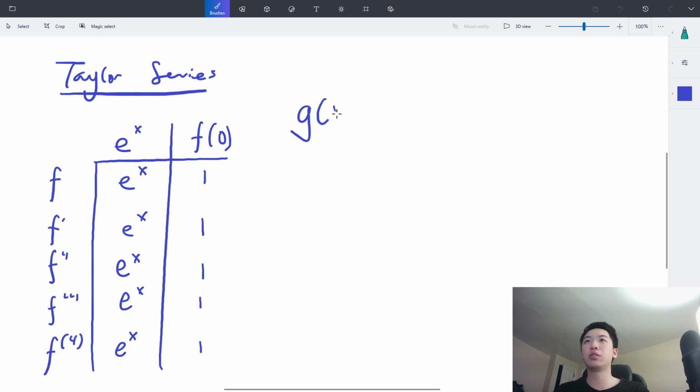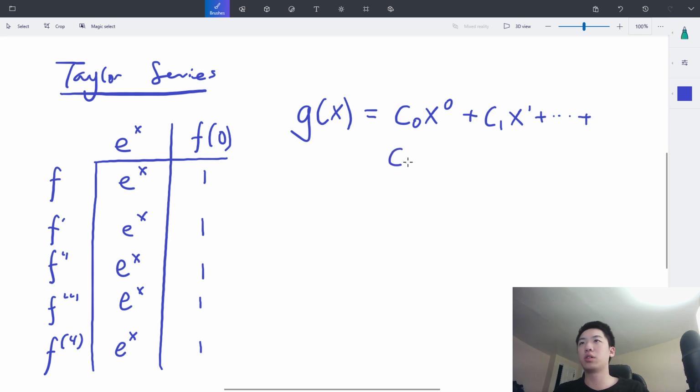So g of x is going to equal some constant, let's call it c0 times x to the 0, plus c1 times x to the first power, and then so on, until you get to whatever you want, c sub n, x to the nth power, and then it goes on to infinity.